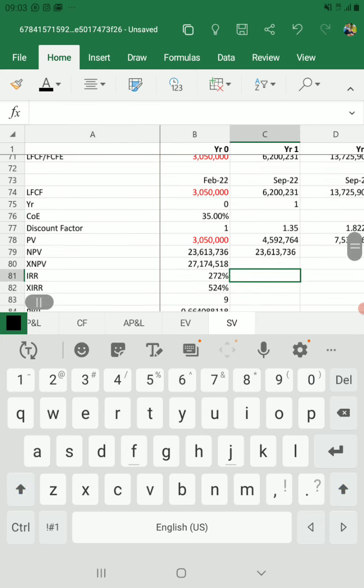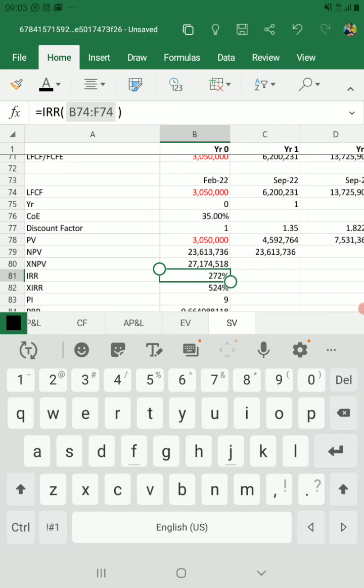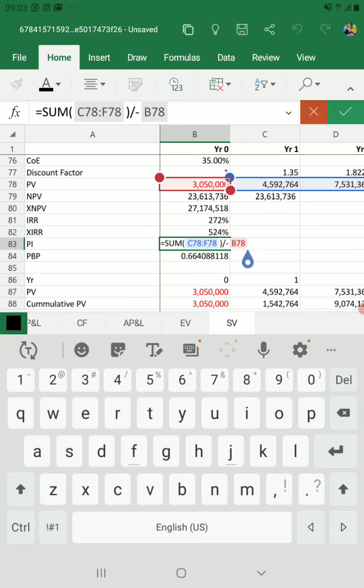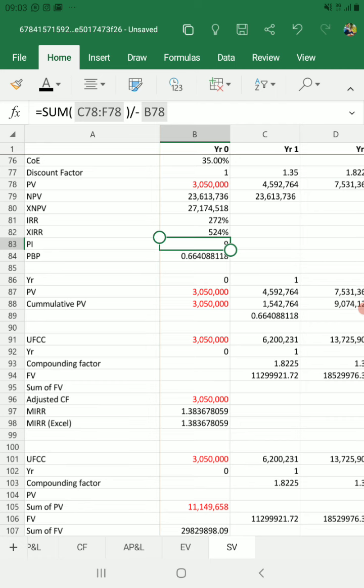So still having an IRR of 272 compared to a 35 required rate of return is too huge. Of course XIRR becomes even greater, and I've explained the reasons for the difference between XIRR and IRR. And the profitability index also is huge, 9 times.